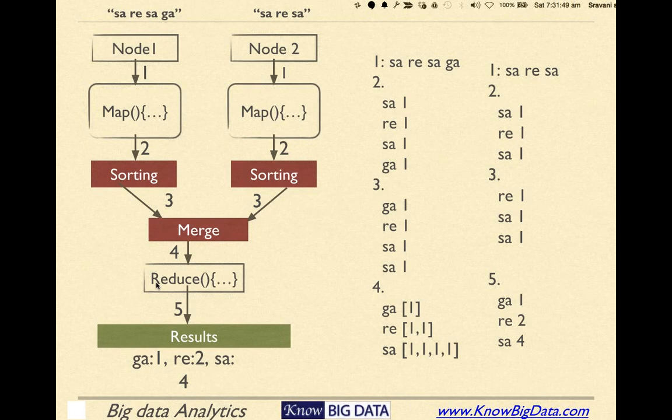So, keeping all of these things in mind, Hadoop checks which node is free in the network, and based on that it executes the reduce function close to node 1 and node 2. All right.